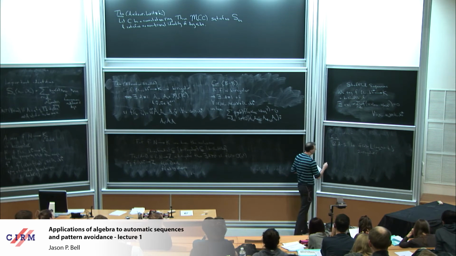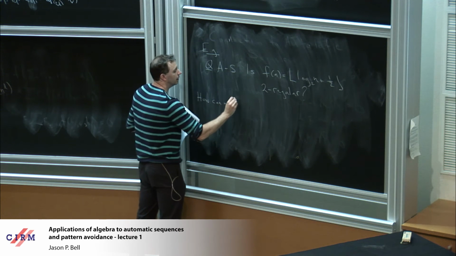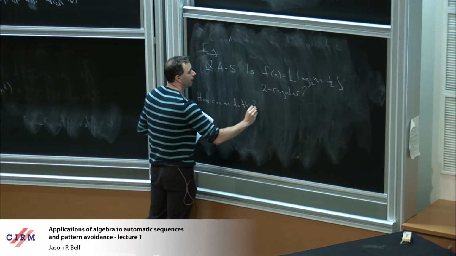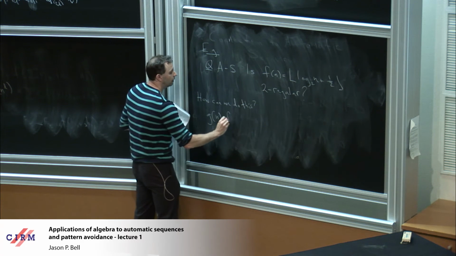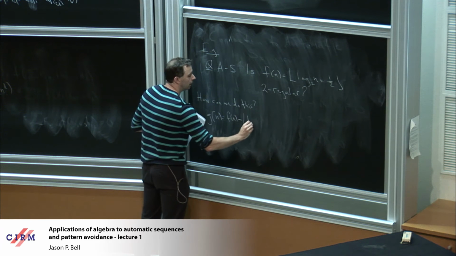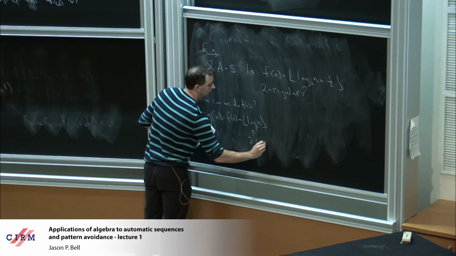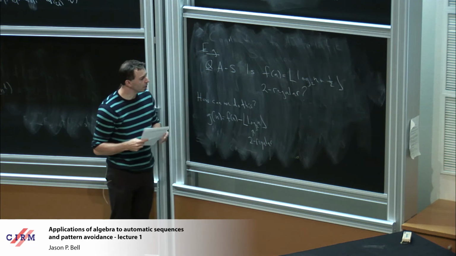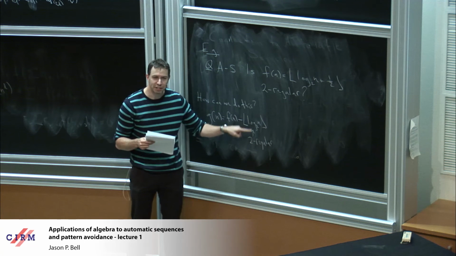So how can we do this? One of the reasons they asked is because this function, the floor of log 2 n, is actually a 2-regular function.